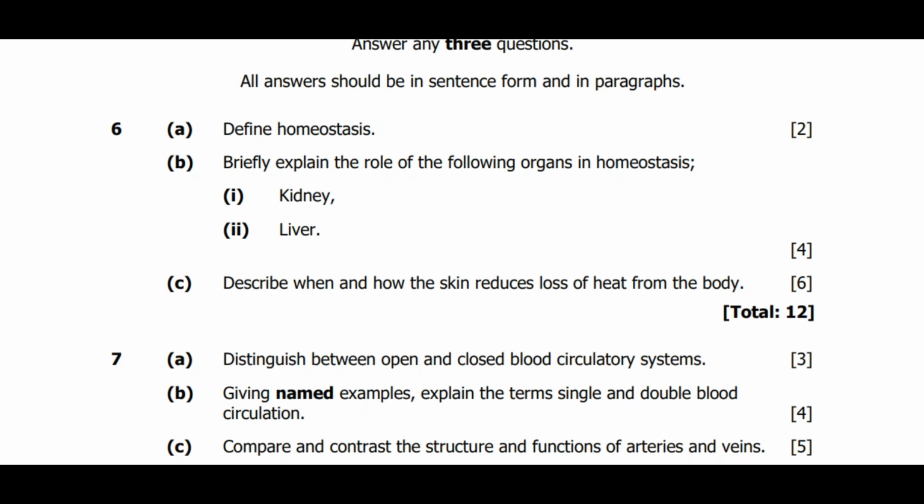Homeostasis is considered the process by which the body makes some changes to make sure that there is maintenance of water, not only water but also some ions. So that is the point under homeostasis.